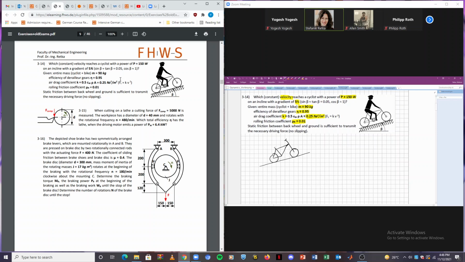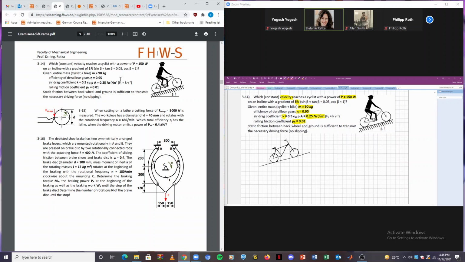I like this more or less. I will not draw the cyclist because I'm not that good at drawing, but let's assume that the center of gravity is maybe here somewhere.